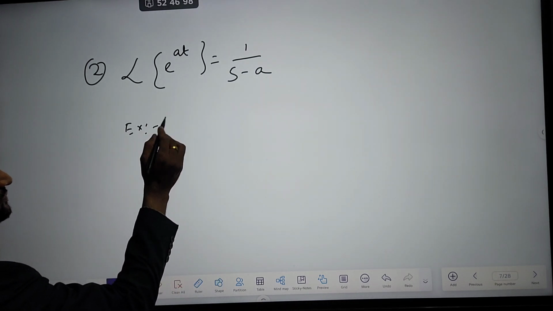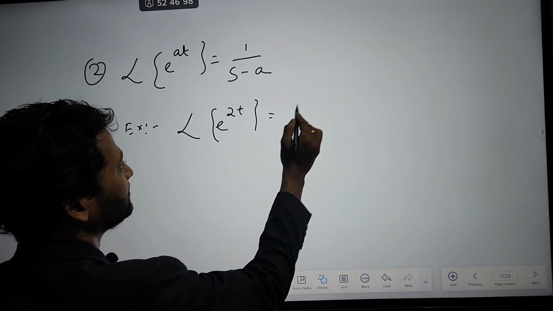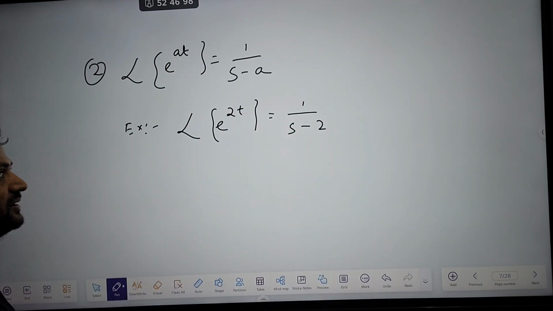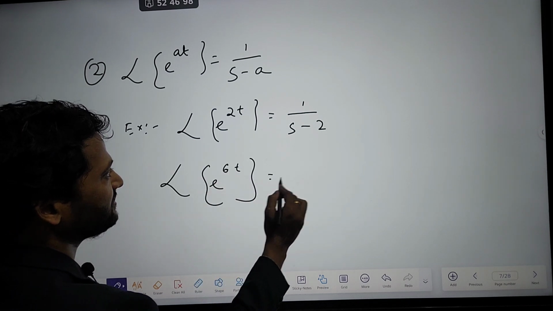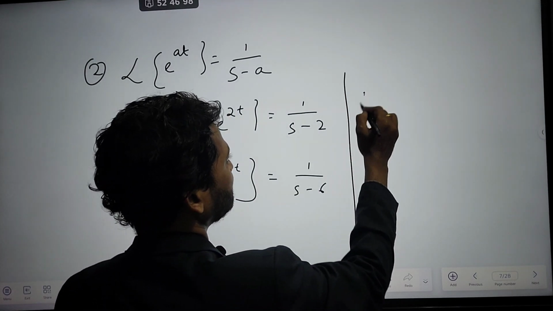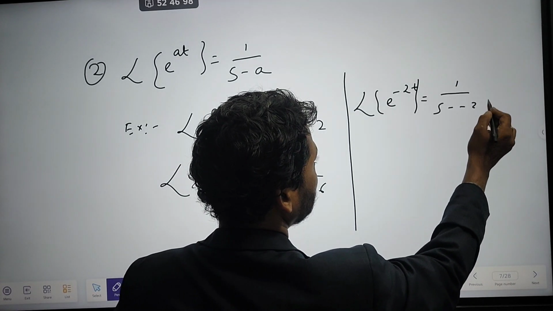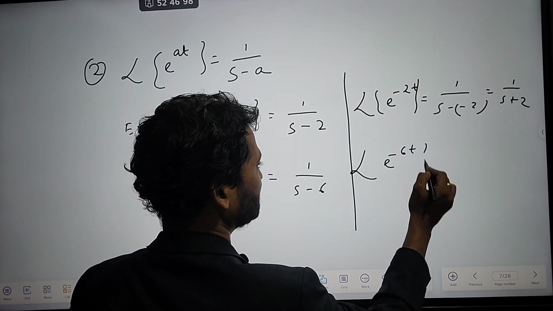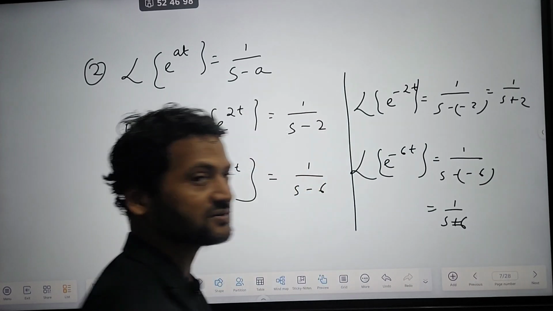So एग्जाम्पल ले लेते. देखो एग्जाम्पल क्या है, लेप्लेस ऑफ, अगर कोई बोलेगा लेप्लेस ऑफ e to the power 2t, आंसर क्या होगा जल्दी बोलो. 1 by s, ये तो कांस्टेंट, ये तो फिक्स है, माइनस ऑफ a कितना इधर है 2, सो 1 by s minus 2. अगर लेप्लेस ऑफ e to the power 6t क्या होगा, सेम आंसर 1 by s minus 6. अगर ये माइनस 2 होगा, e to the power minus 2t. टेल मी क्या हो जाएगा, ये 1 by s minus of minus 2, मतलब 1 by s plus 2. सिमिलर लेप्लेस ऑफ e to the power minus 6t क्या हो जाएगा, 1 by s minus of minus 6, मतलब 1 by s plus 6.